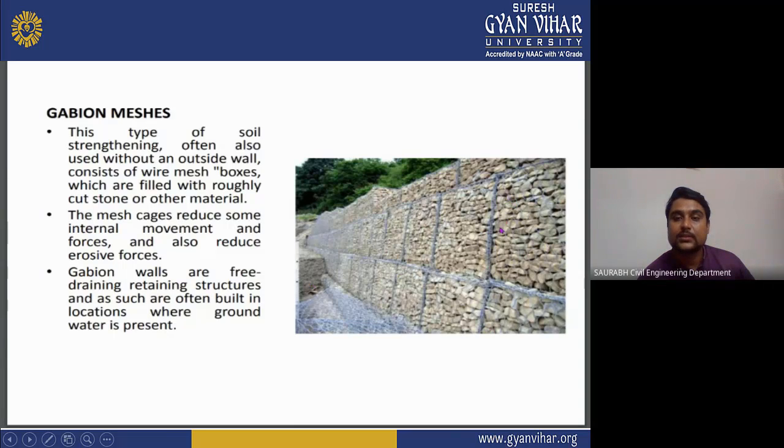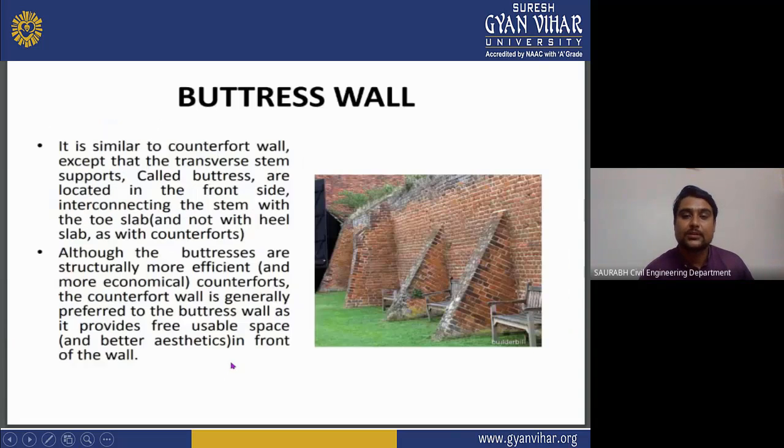As you can see, this may also be a mountainous area where stone is retained by these meshes. The mesh cages reduce some internal movement and forces and also reduce the erosive forces. Gabion walls are free-draining retaining structures, often built in locations where groundwater is present.